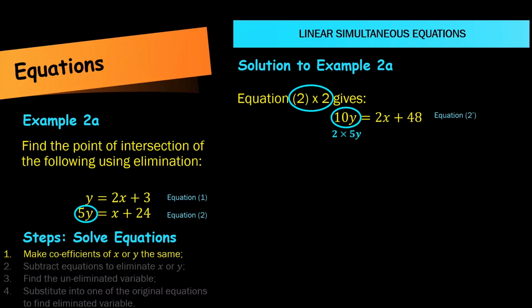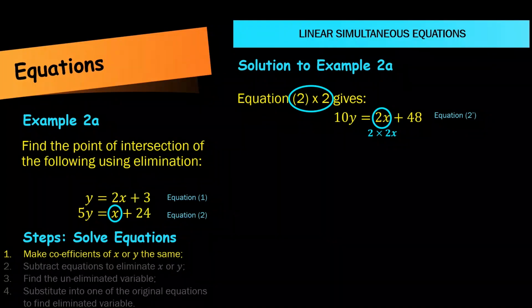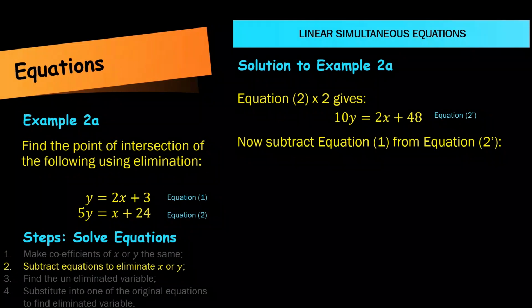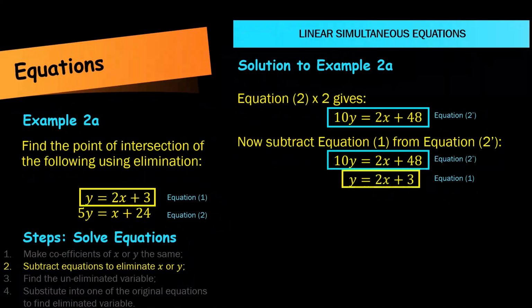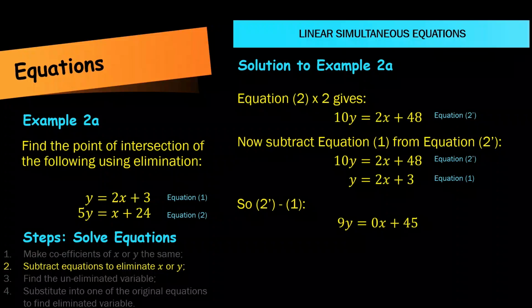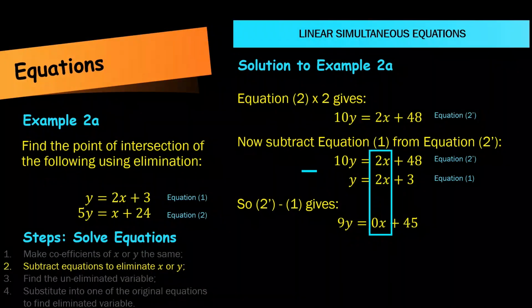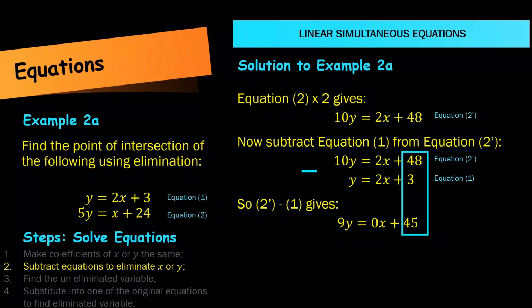So 2 times 5y is 10y, 2 times x is 2x, and 2 times 24 is 48. Now subtract equation 1 from equation 2' to give 9y equals 0 times x plus 45. 10y minus y equals 9y. 2x minus 2x equals 0x. And 48 minus 3 equals 45.